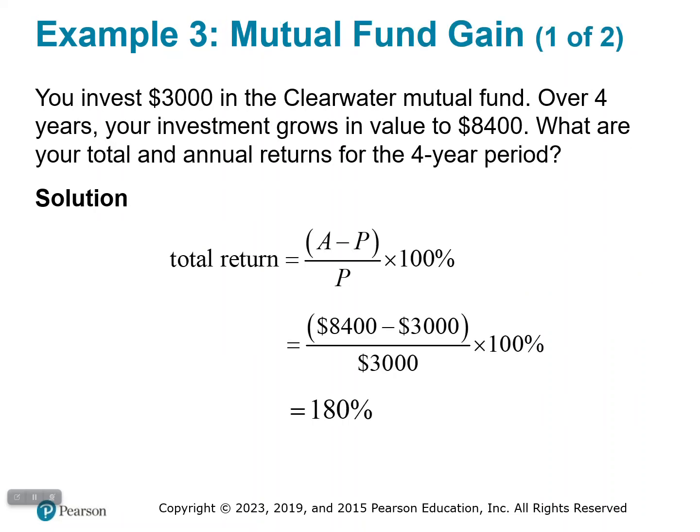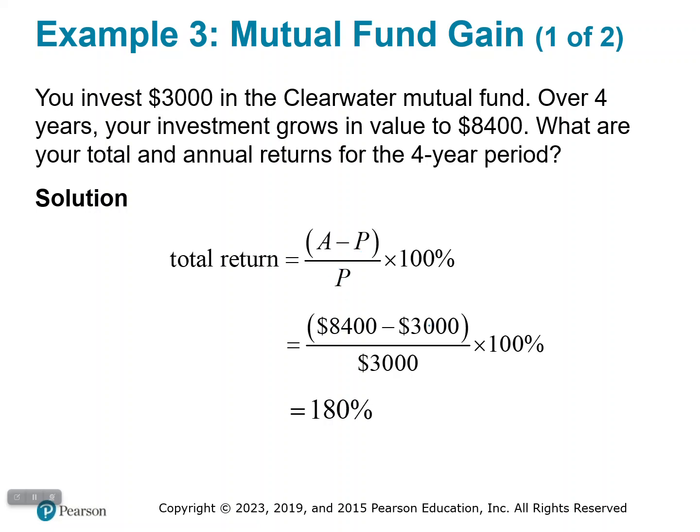All right, let's look at example 3, mutual fund gain. You invest $3,000 in the Clearwater Mutual Fund. Over 4 years, your investment grows in value to $8,400. That's awesome, it grew. What are your total and annual returns for the 4-year period? Now my total return takes my future amount, $8,400, subtracts the $3,000 I invested, and then divides by the 3,000.